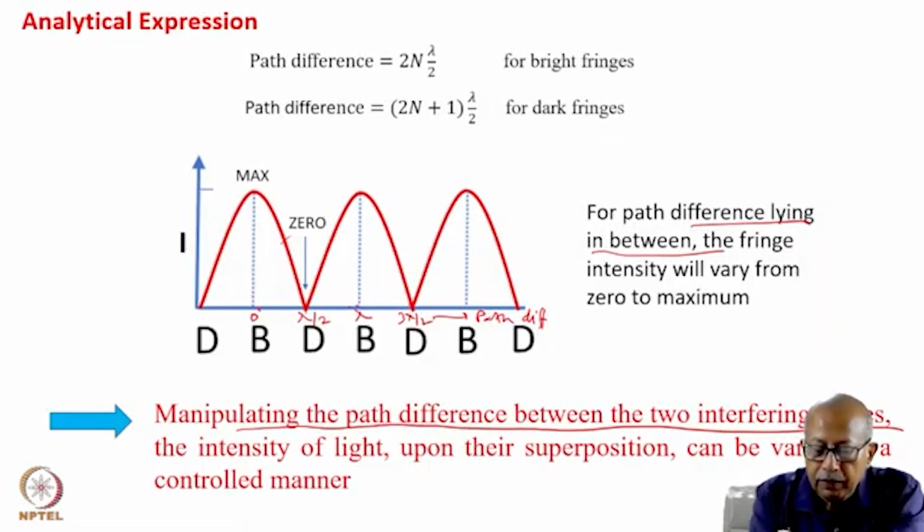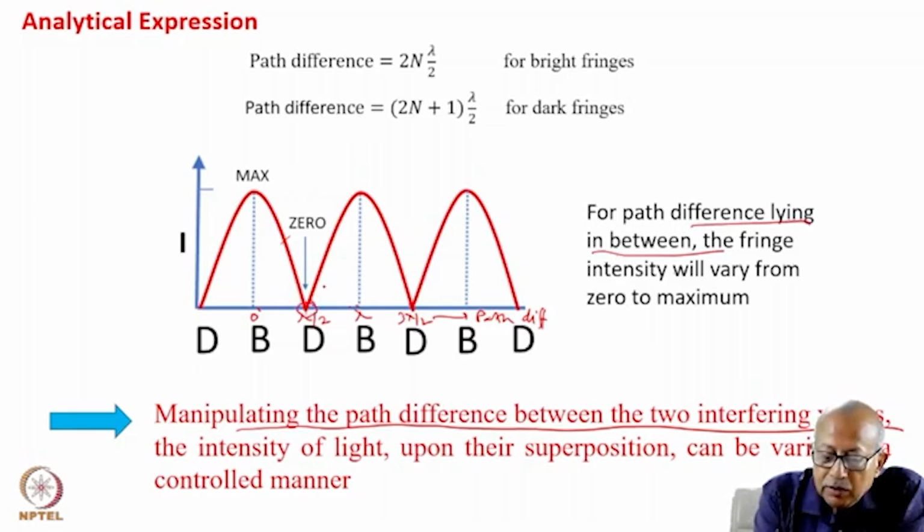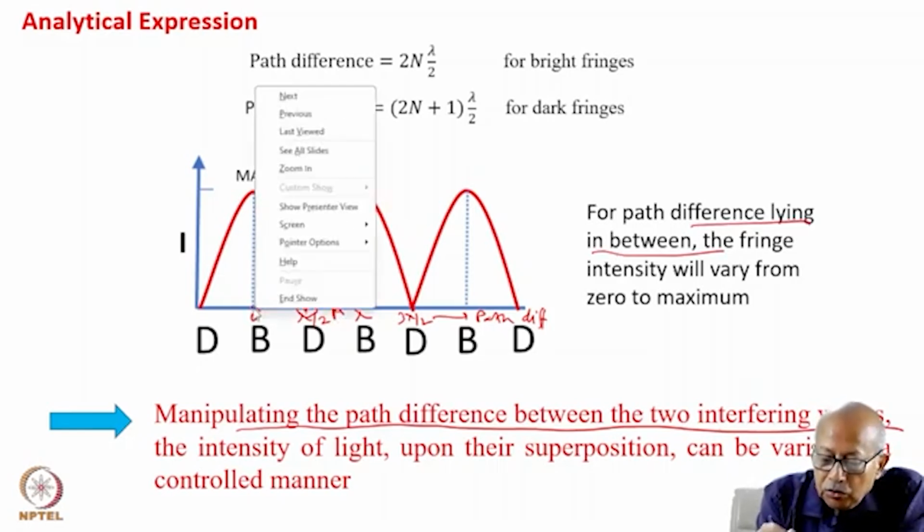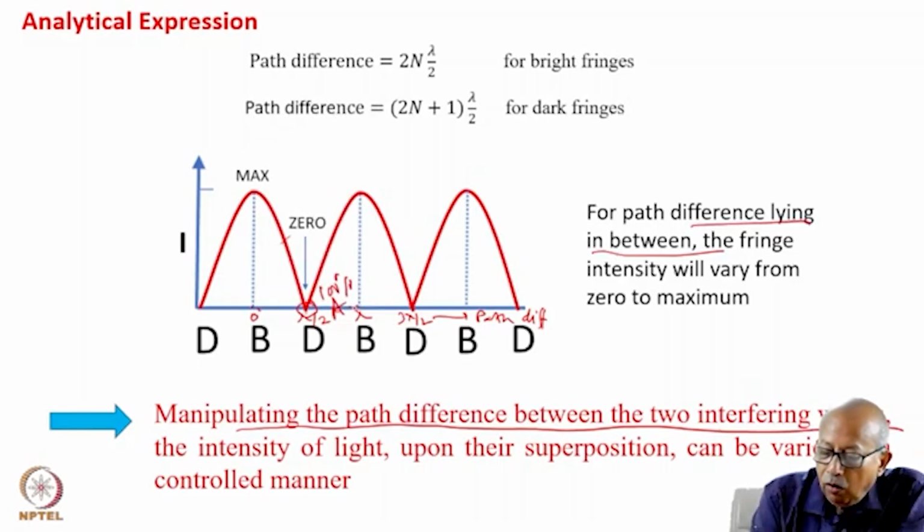Here if you see, what we want, see, for this path difference, it is 100% annihilation. And for this path difference, 0 or lambda or 2 lambda, it is 0%.